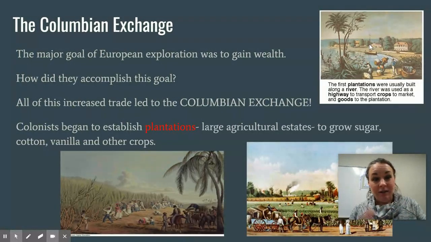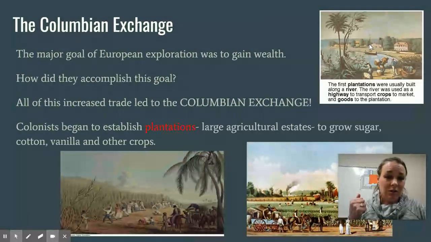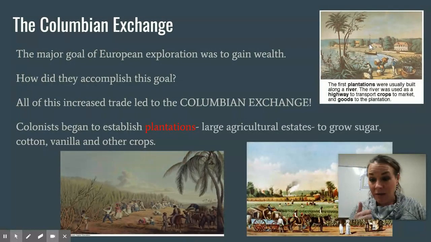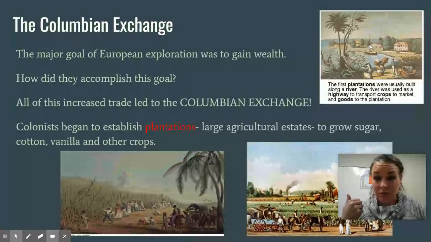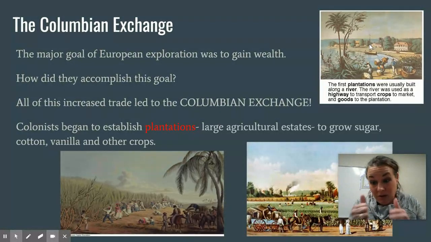So obviously, again, the commercial revolution and the Columbian Exchange is the exchange of goods, of course, between the New World and the Old. And what was the goal? Gain wealth. How did they accomplish it? Increasing trade. And again, it was all about exploiting the new colonies. So exploitation in terms of mining gold and silver, because heck, if you can do that, yay.